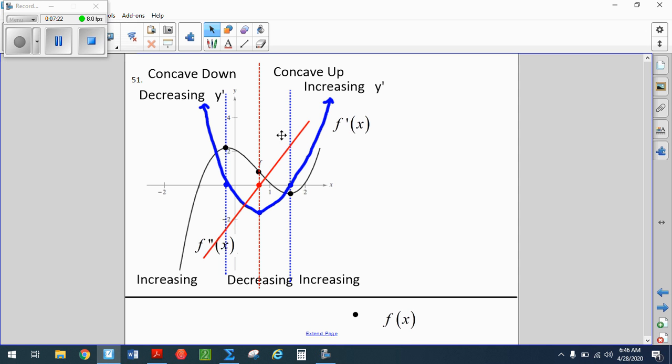But I know that because the function is concave up to the right of this red dashed line, the derivative is increasing to the right of this red dashed line, then the second derivative is positive to the right of the red dashed line. And then everything to the left is concave down for the original function. The derivative is decreasing. The second derivative is negative. So that's it for 51.